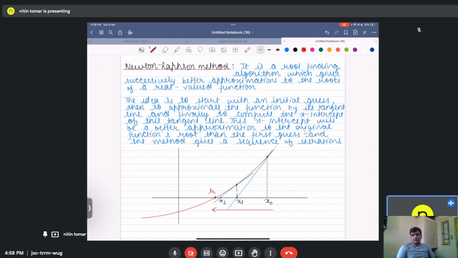If a function is once differentiable, then you can apply Newton-Raphson method rather than the secant method. So you just need one initial guess, and Newton-Raphson method under certain hypothesis will ensure that the method converges. It gives you a sequence of approximations which converges to the root of the function.